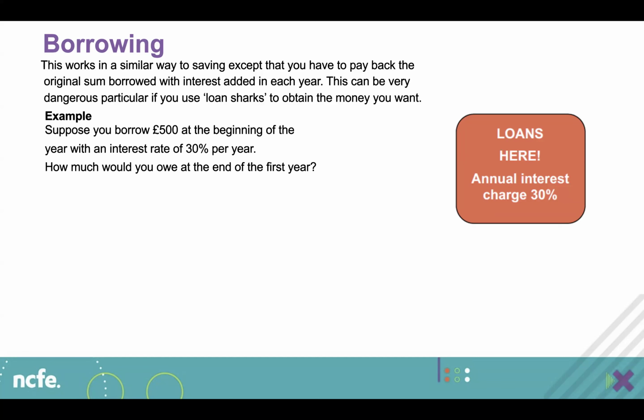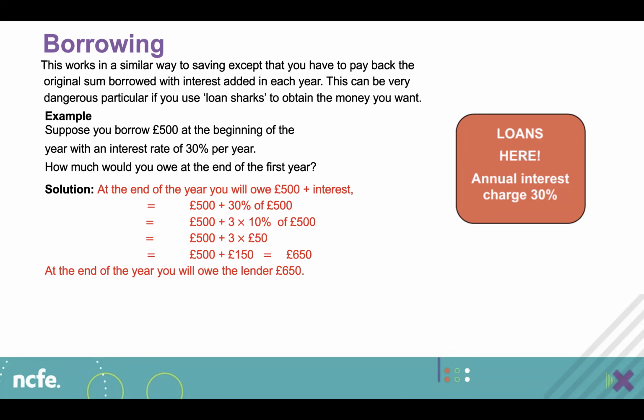How much would you owe at the end of the first year? You owe £500 plus interest. So 500 plus 30% of 500, which is 500 plus 150. So you owe the lender £650 at the end of the year.